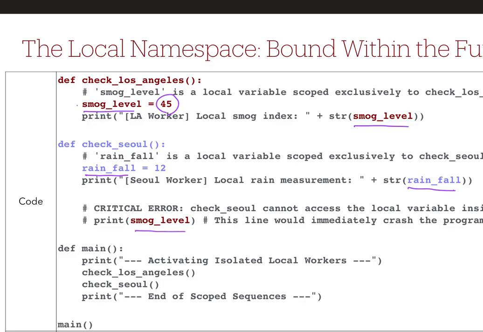So that variable is not accessible outside of this function. If you try to print the value of smoke level in the check Seoul function, then Python will complain with some error message.